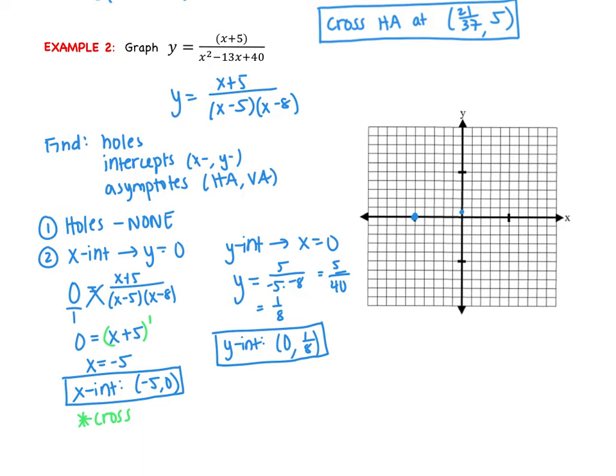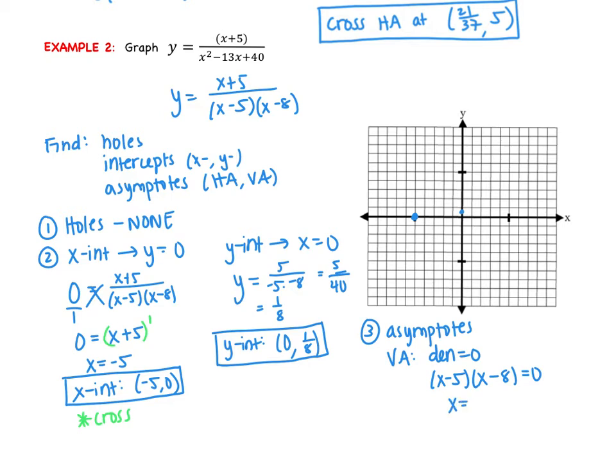Okay, third and last step is the asymptotes. The vertical asymptote comes when you set the denominator equal to 0. So in this case, x minus 5 times x minus 8 equals 0.